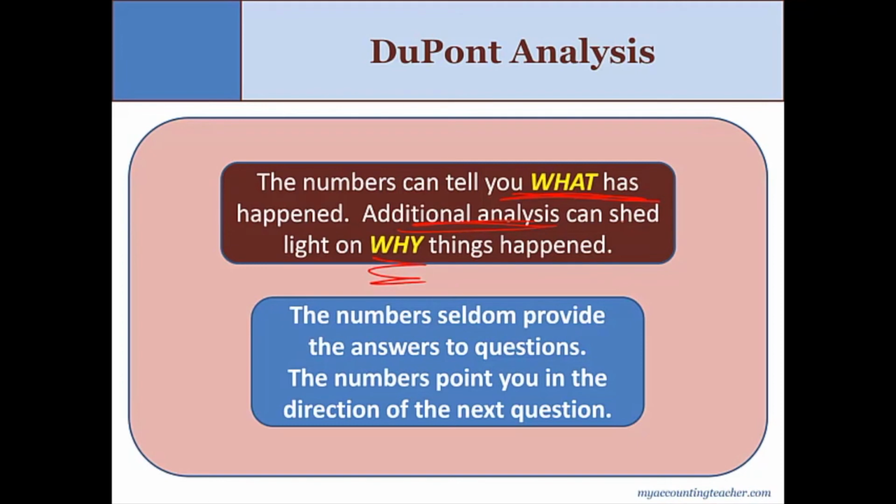Again, the numbers tell us we've got questions. And specifically, those numbers will point us to people who can help us answer those questions. Seldom does the number provide the answer, but the number points you in the direction that will help you get the answer, and that direction typically involves going and talking to a person.